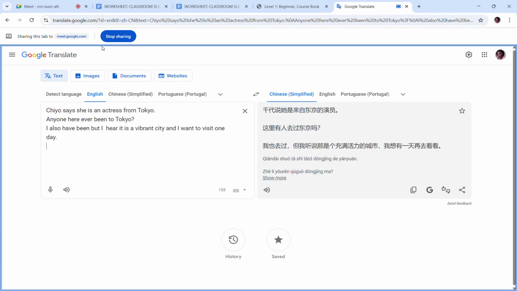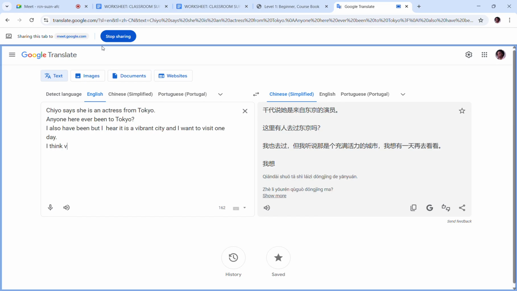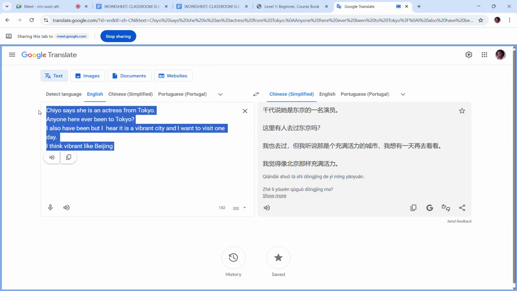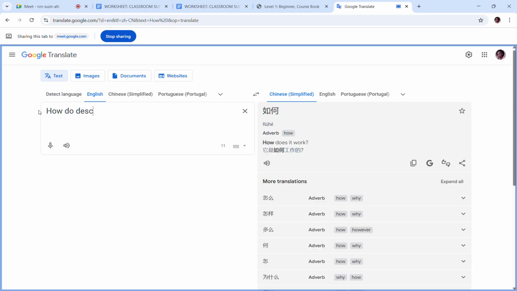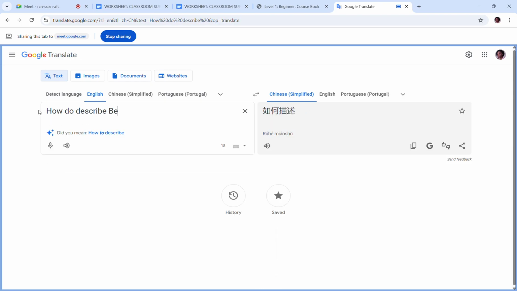I think it's vibrant, like Beijing. Maybe. No? Beijing is not vibrant? How would you describe Beijing?